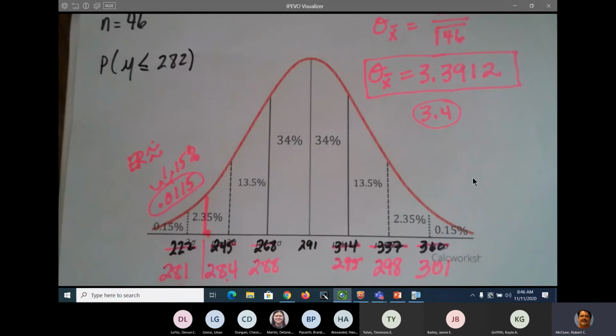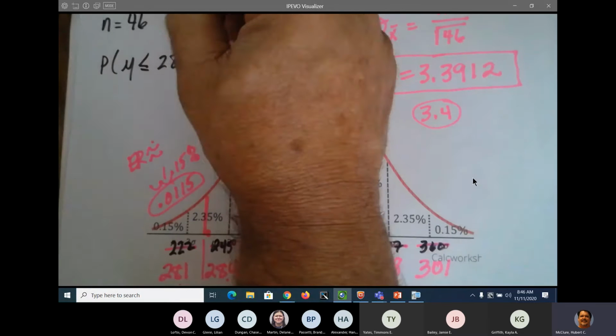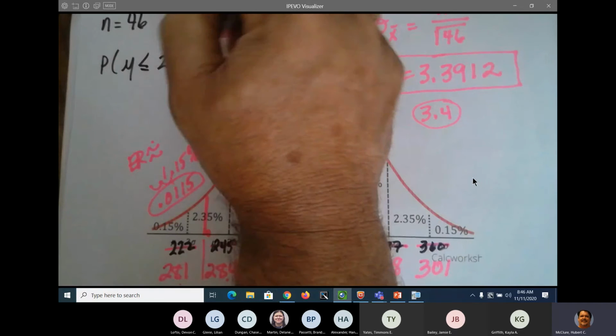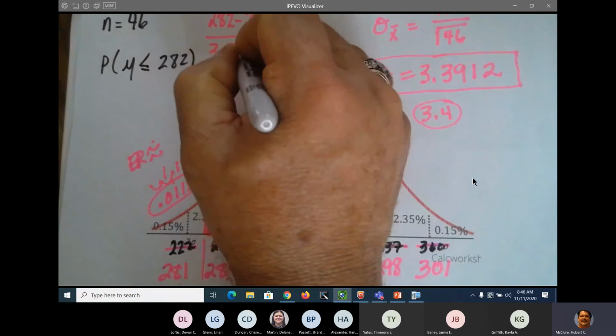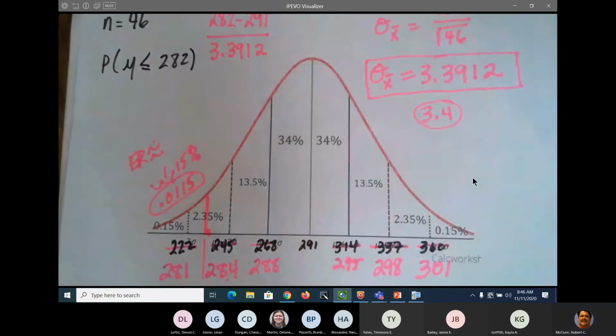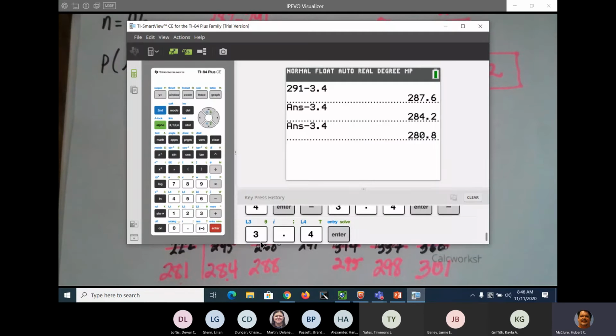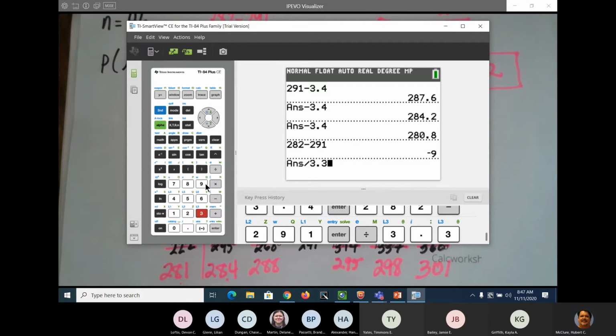So now I'm going to change my 282 minus 291 over 3.3912. So let's do that. 282, and that's negative 9, minus 291 divided by 3.3912.